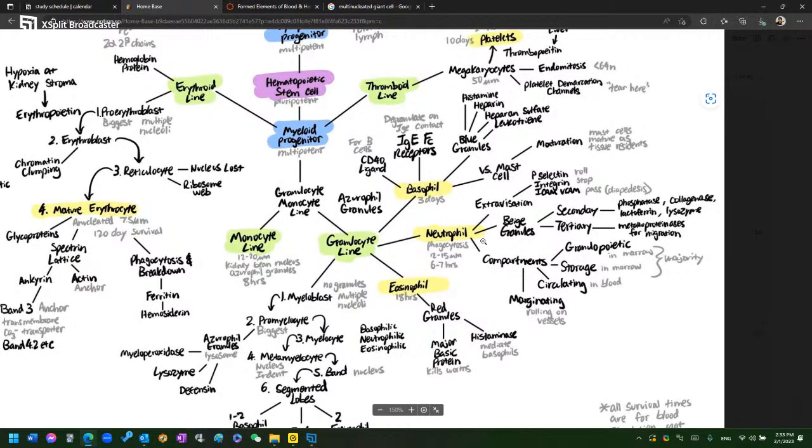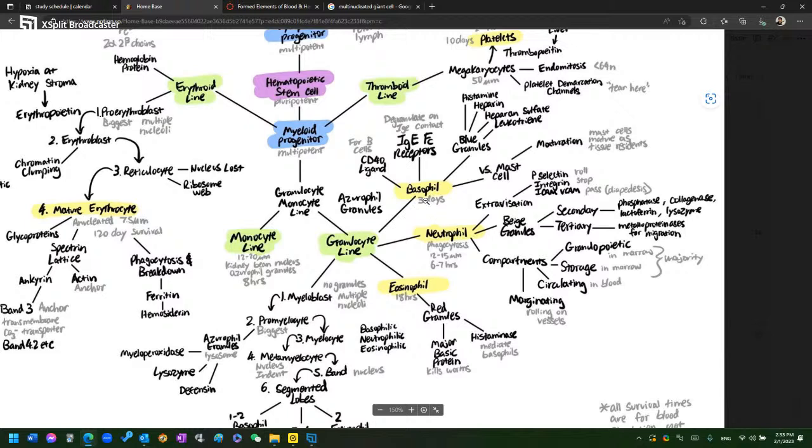So our granulocytes, we have 3 main ones, and this was actually really hard to remember for the longest time because these names don't seem very intuitive, but they really are, because basophil just means base-loving, right? Neutrophil, neutral, and eosinophil, acid-loving. So base, neutral, acid.